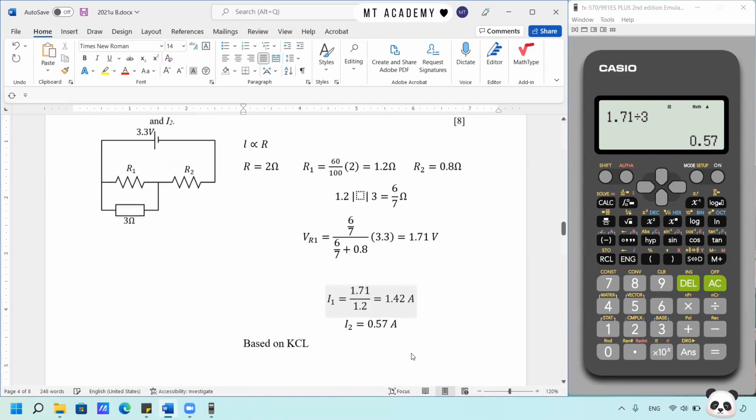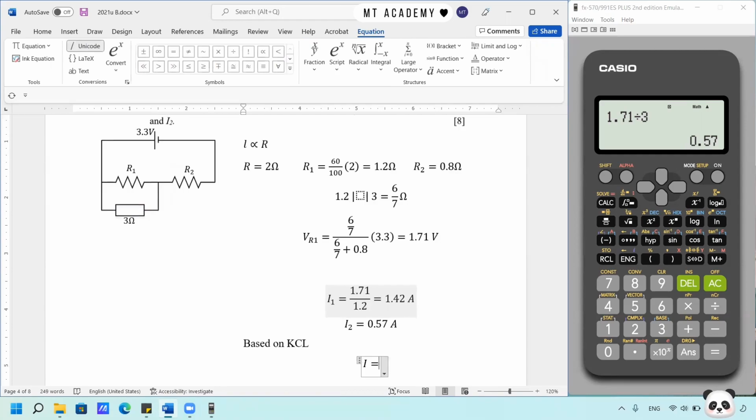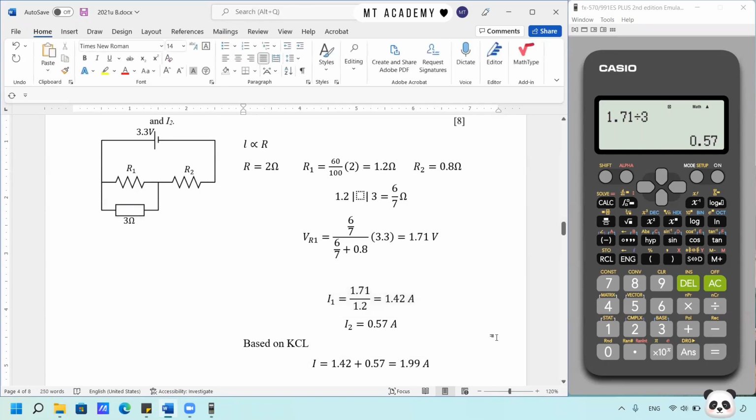I is the total current entering, and I1 and I2 are flowing out from the point. So the formula is I equals I1 plus I2, so 1.42 plus 0.57, and you will obtain 1.99 ampere. So that should be the final answer for this question.